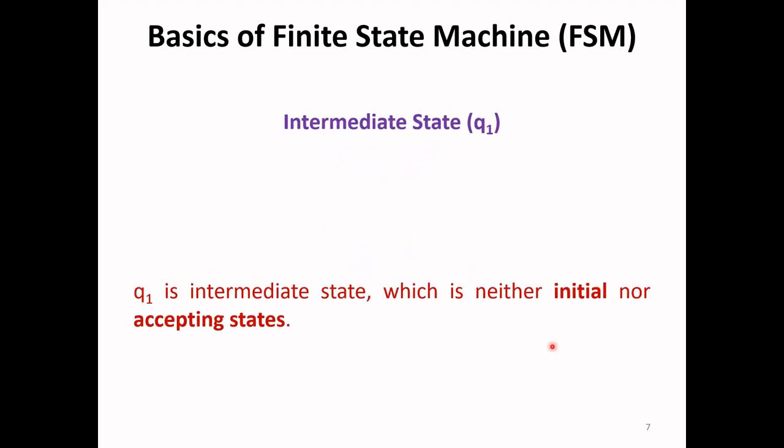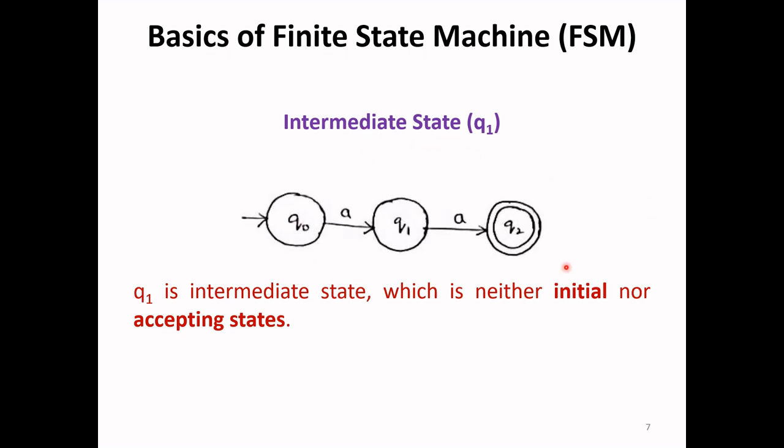A state which is neither initial nor accepting state is called an intermediate state. For example, in this small FSM, Q0 is the initial state, Q2 is the final state, Q1 is an intermediate state. And from Q0 state for input A, it is going to Q1.